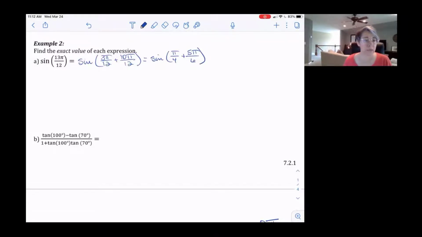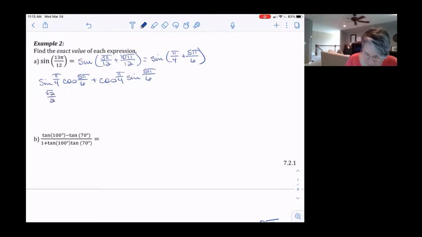So now let's write it into our sum identity. We would take the sine of pi over 4 times the cosine of 5 pi over 6 plus, since we keep the operation, and then we switch. We get cosine of pi over 4 times the sine of 5 pi over 6. So the sine of pi over 4 is the square root of 2 over 2. 5 pi over 6 is in the second quadrant, so our cosine is going to be a negative radical 3 over 2.